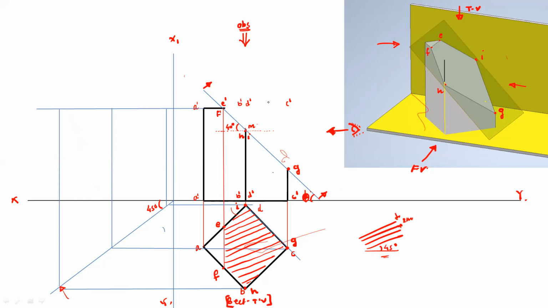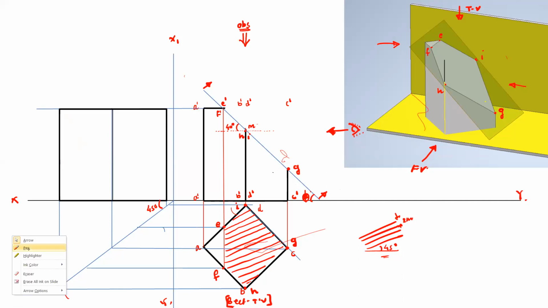So you have to refer to the front view and top view. This is the projector which is coming from the point B. So this is B double dash.